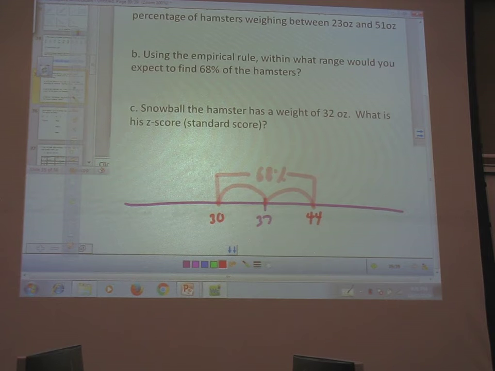If I go 2 standard deviations in either direction, that will lead me to 23 to 51. It says that 95% of my data will lie between these two numbers. And if I go 3 standard deviations in either direction, then 99.7% of my data will lie between those two numbers.